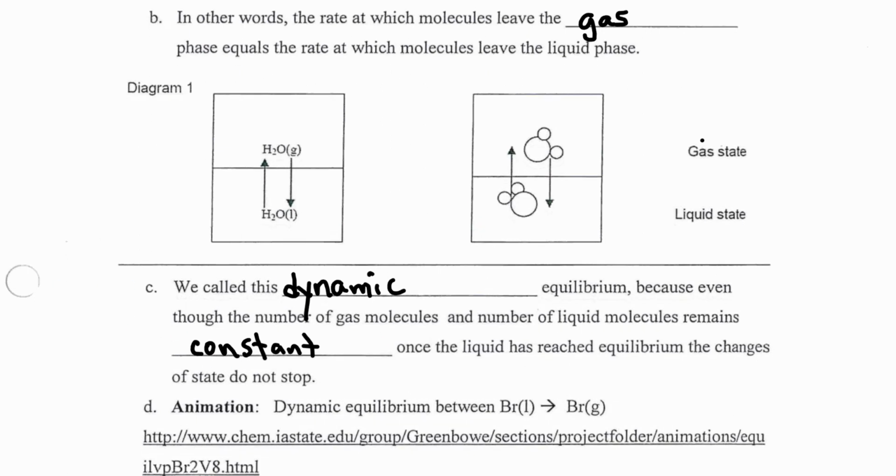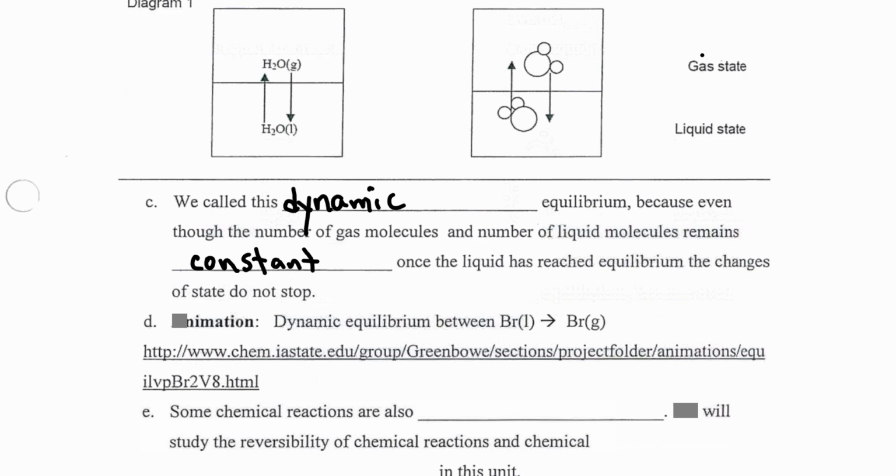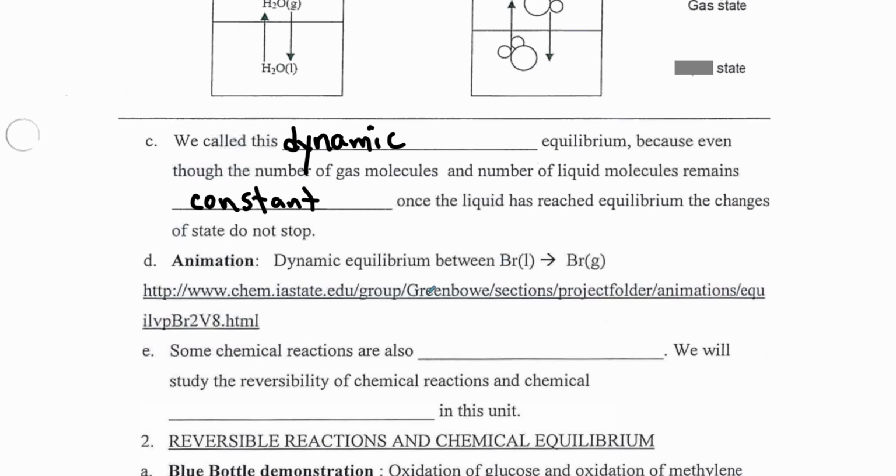So this would be a good spot to pause my video and check out this link. It doesn't work anymore, but I included a link to a video on the Edmodo post that shows the whole wet towel situation. So it's not liquid bromine going to gaseous bromine, it's the liquid water to gaseous water.